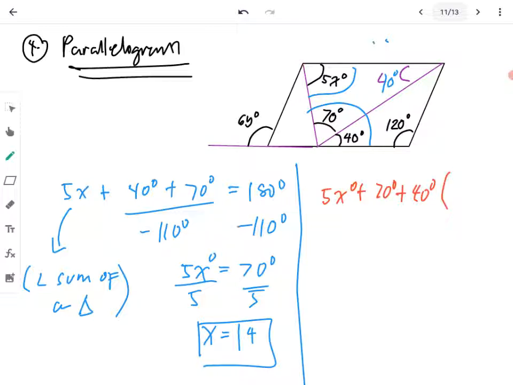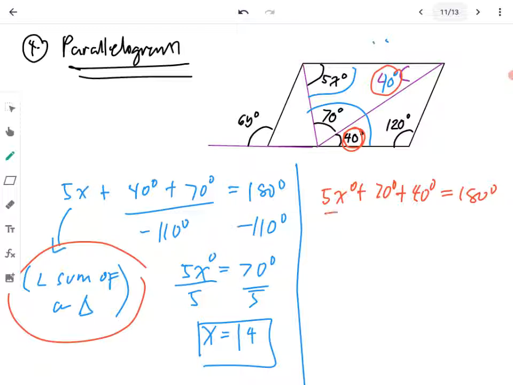So look at this. The equation is the same, but our reasoning before was the angle sum of a triangle, because we used the 40 here to state that 40 there by alternate interior angles.